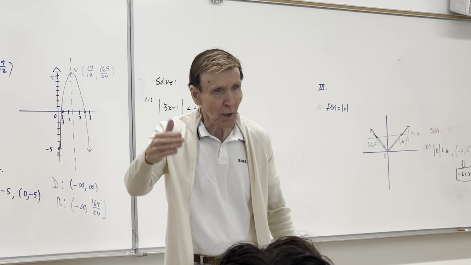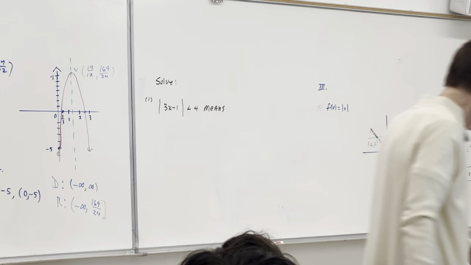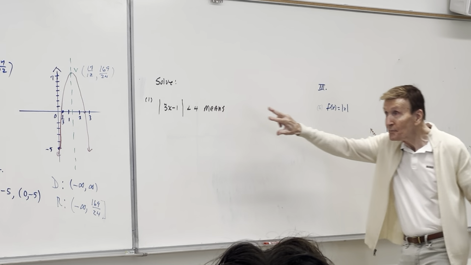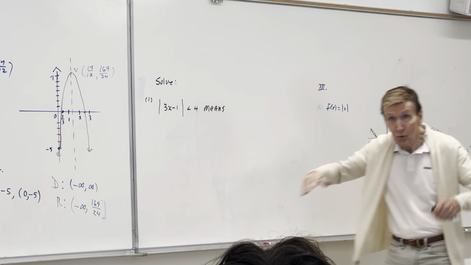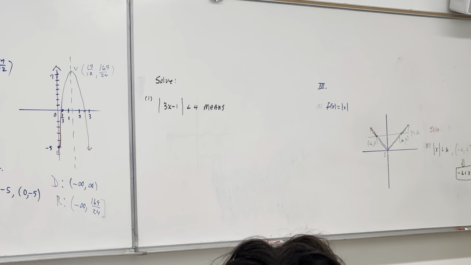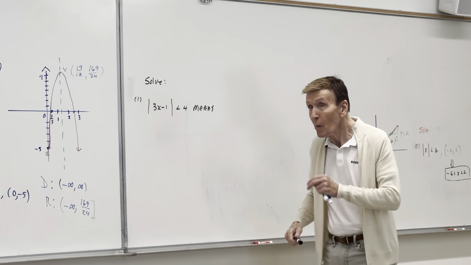He gave me earlier, he says, Professor, if it looks like this, which mine does, then you write this. Now let's make a statement with no absolute value bars. Leo, tell me about Corey's thing here. 3x minus 1 is greater than negative 4, but less than 4.